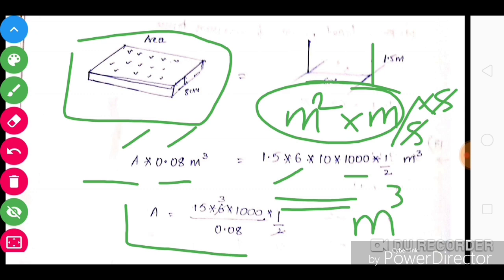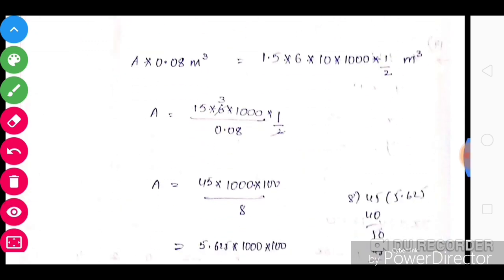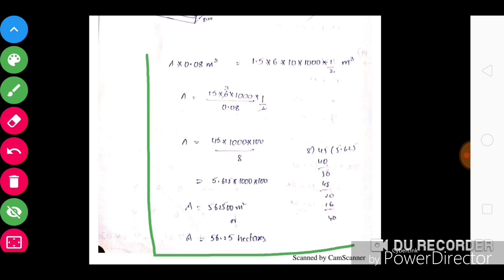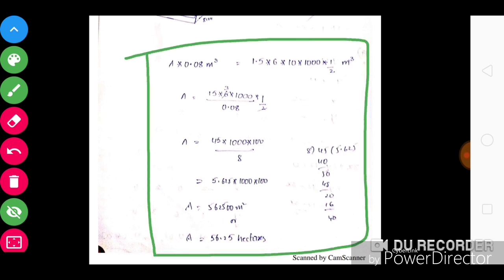So if we solve for this, we'll get the answer as 56.25 hectares. 56.25 hectares.